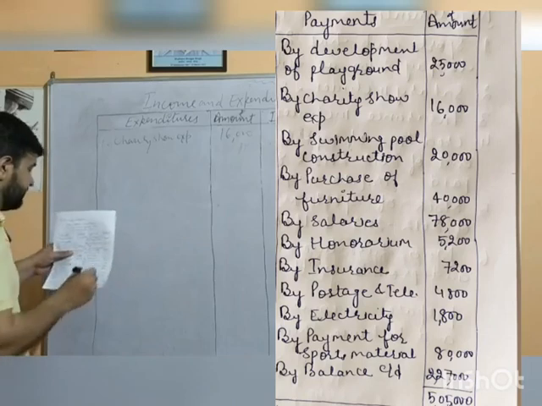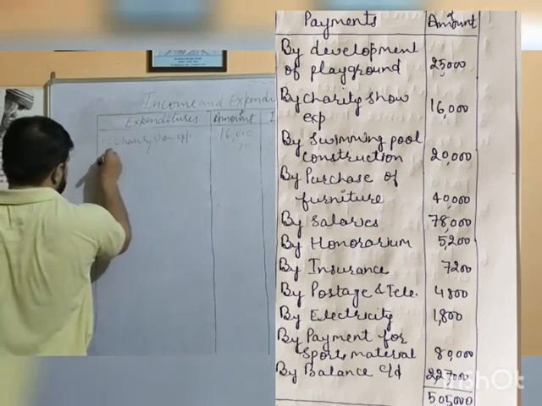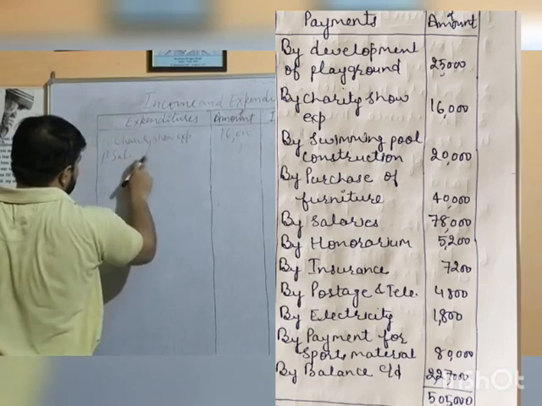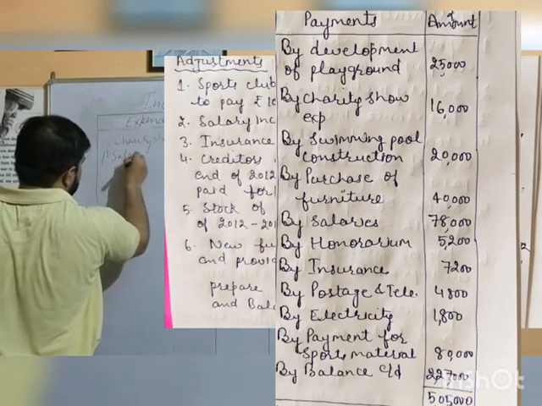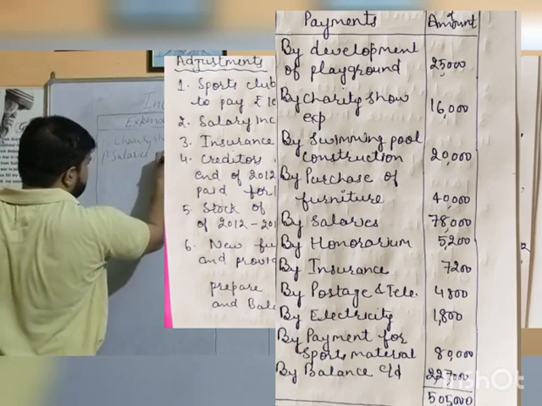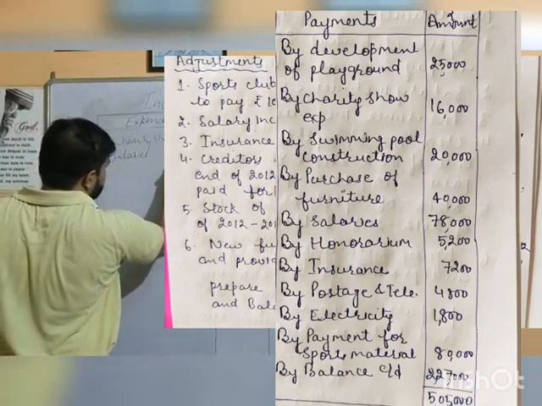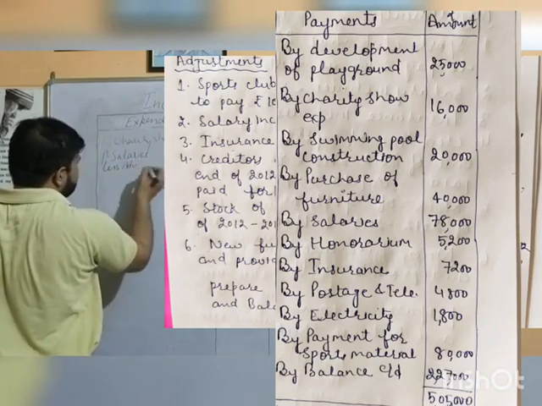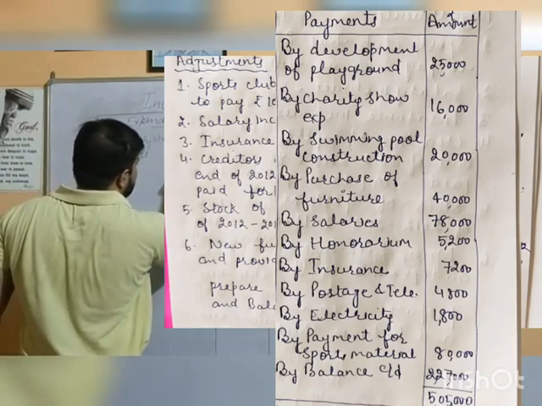Salaries. Yes, salaries are revenue expenditure. And we are having adjustment related to it. Salaries paid during the year 78,000. Less advance salary. This is given in the question, rupees 8,000.